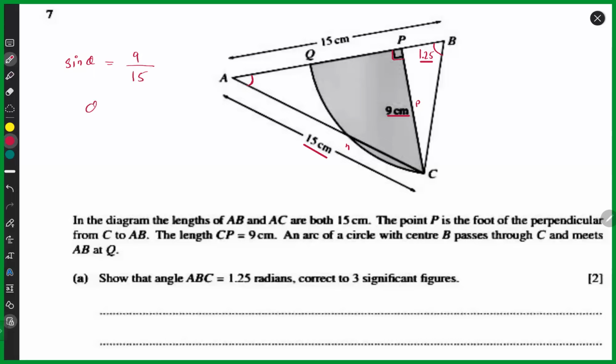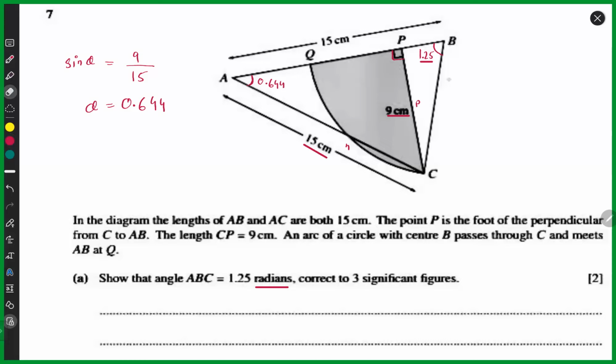And theta is equal to, since they're talking about the angle in radians, make sure that when you're finding this ratio, your calculator is in radian mode. So sine inverse of 9 divided by 15 is going to give you 0.644. I got 0.644.